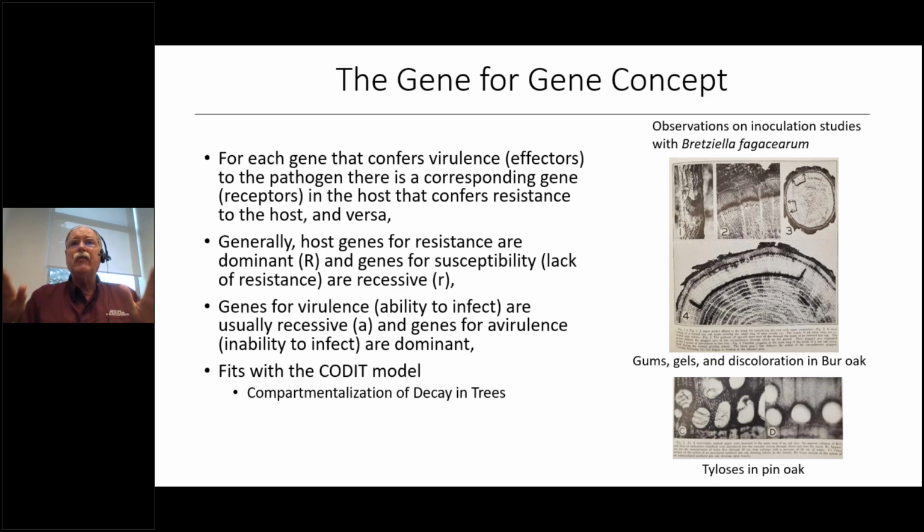Tyloses are a generalized, non-specific defense response in the vascular system to lots of different things, not just specifically to the oak wilt fungus. And therefore, if you look at the tree on the right here, there were no tyloses detected in the vascular system of this tree. But the problem is that the red oaks just don't detect the fungus quickly enough.